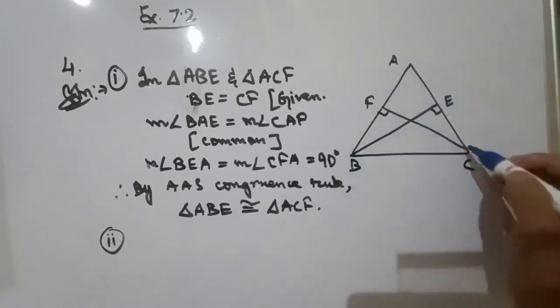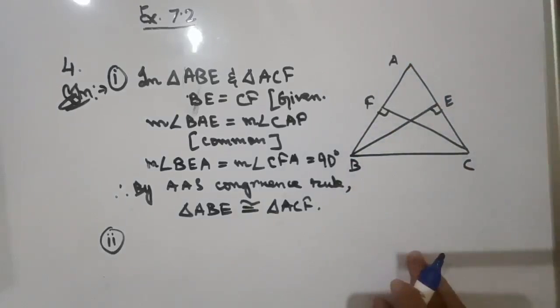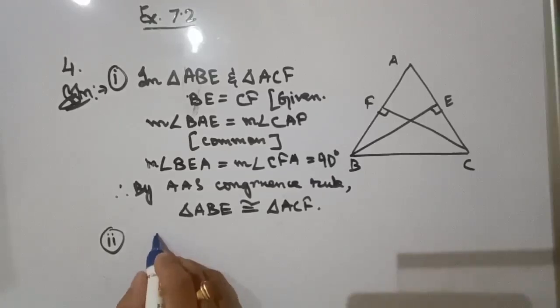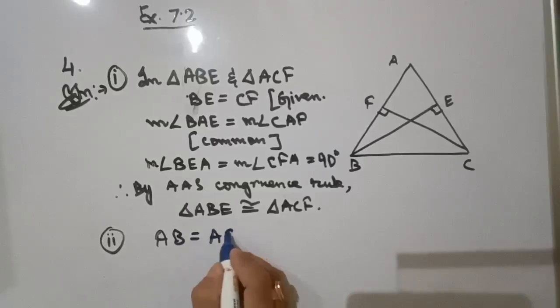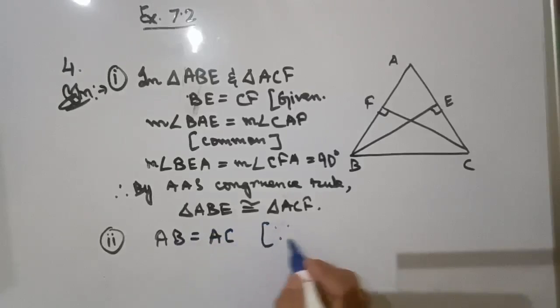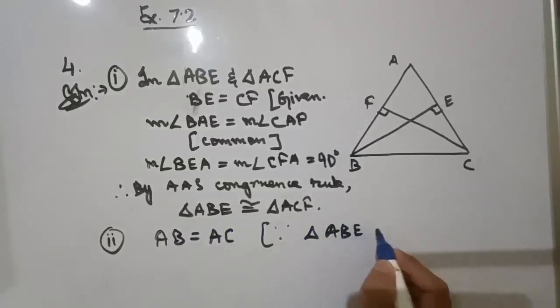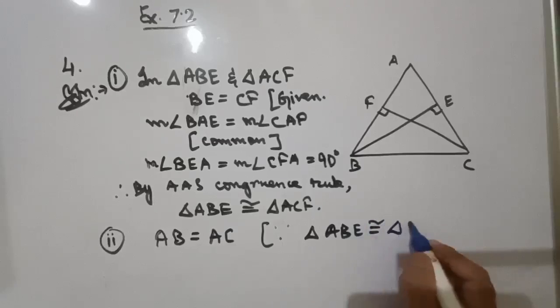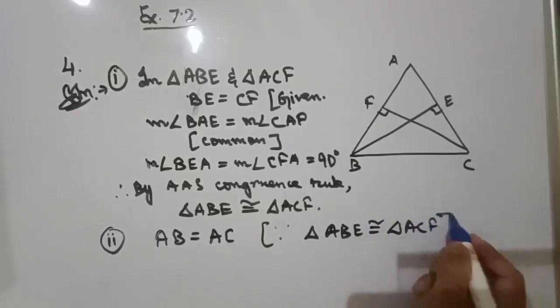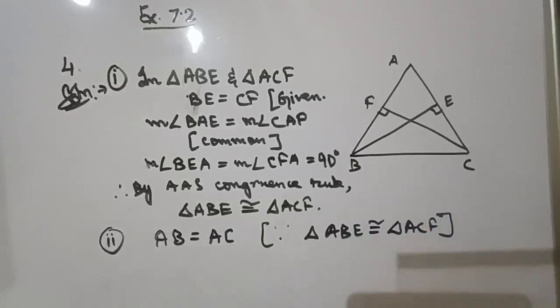AB is equal to AC, since they are the corresponding parts of the congruent triangles ABE and ACF.